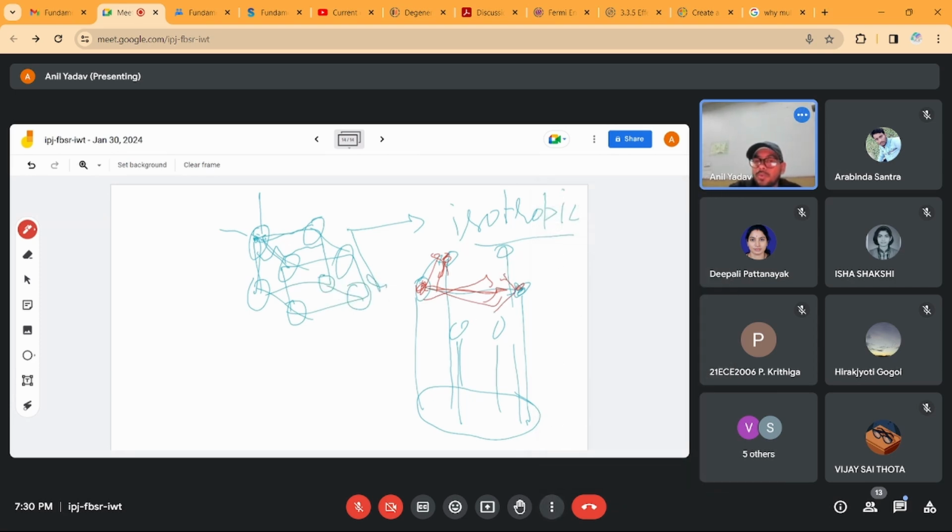The effective mass in this direction will be different: m star 1 and m star 2 will be different in both directions.